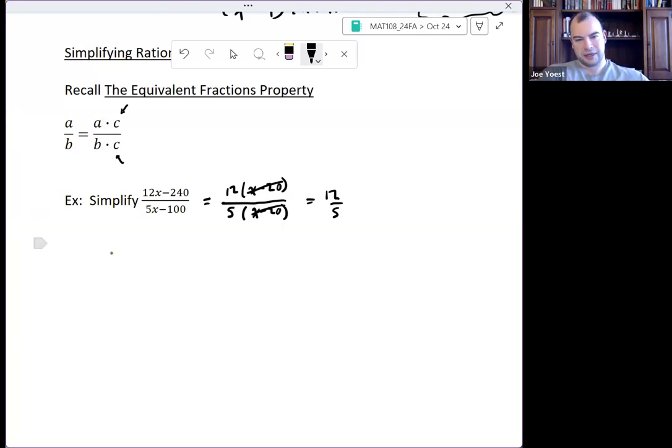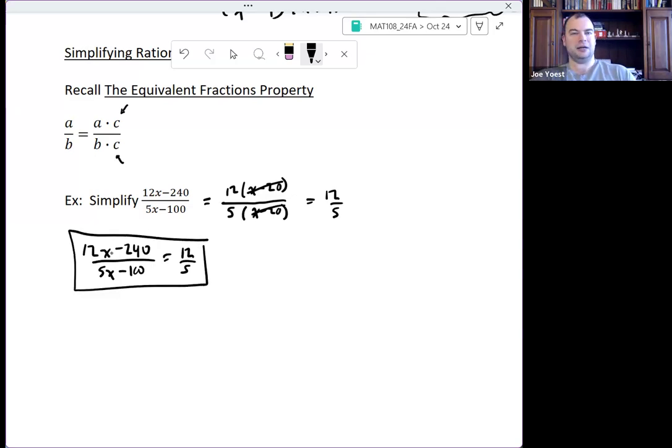So I might be tempted to write something like 12x minus 240 over 5x minus 100 equals 12/5 and just leave it there and move on. This is really, really close to being right. There's one little nuance though.